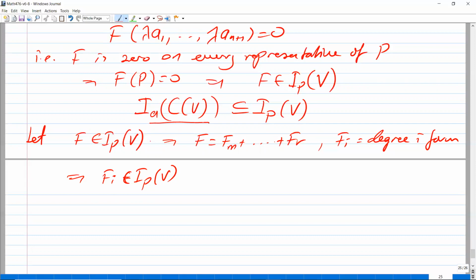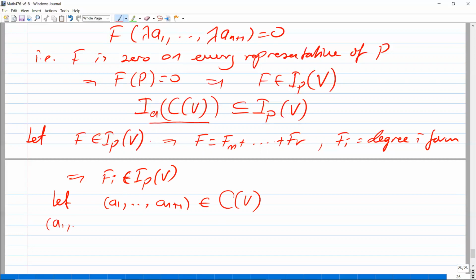So let's show that the Fi's are in the left-hand side. Let A1, ..., A(n+1) be a point in CV. So it is either 0 or not 0.